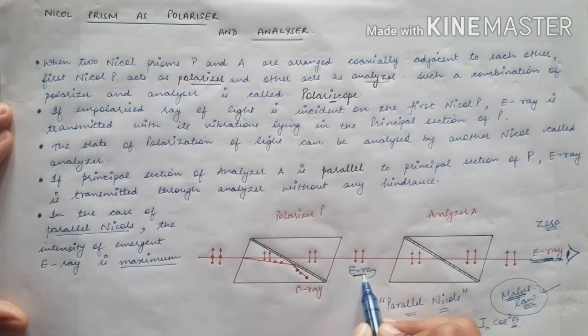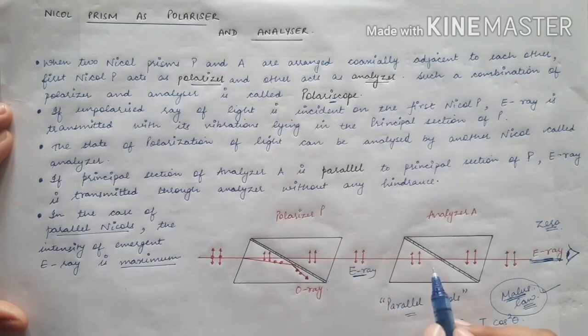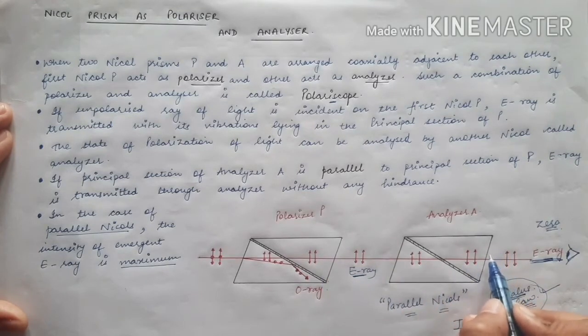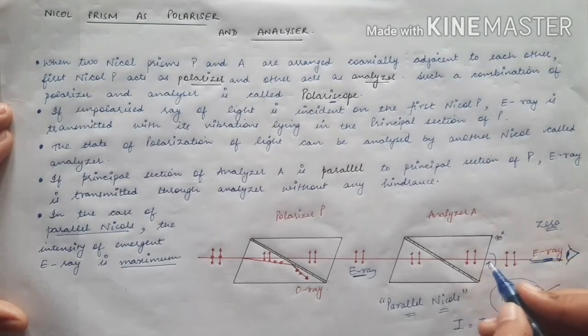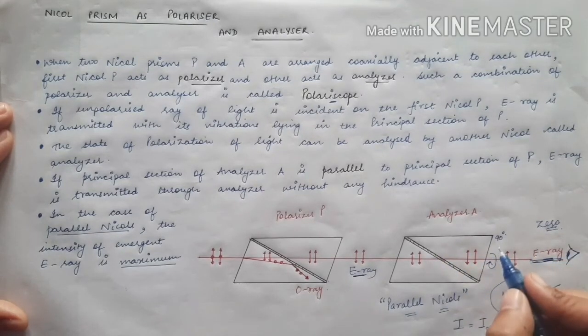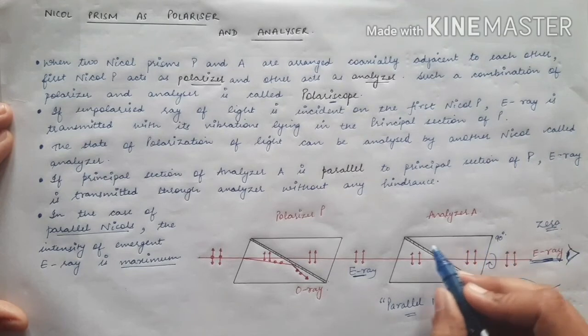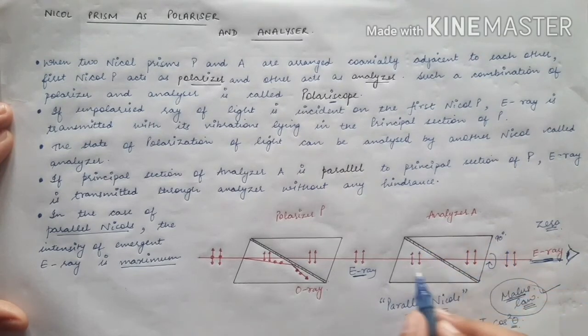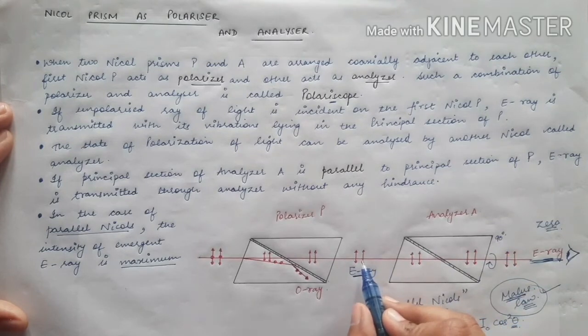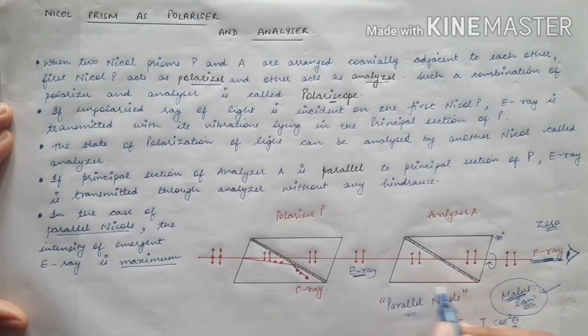Now this E ray emerging from the first Nicol prism: earlier, the principal section was making 0 degrees with the vibrations of the electric field. In this arrangement which I have shown, the principal section is parallel to the vibrations of the electric field.